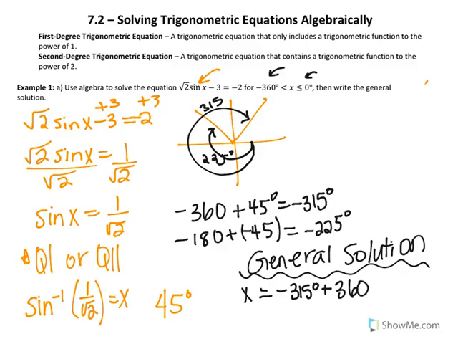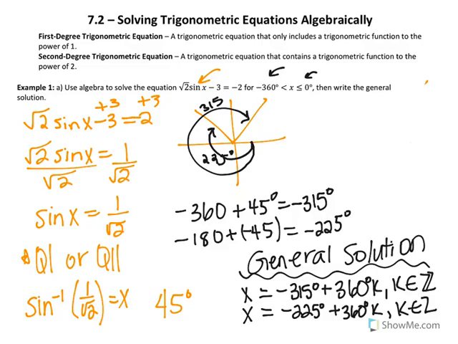So we're going to go 360 degrees times k, where k is some integer. And we can also do it from negative 225, so we'll have intercepts at negative 225 plus 360 degrees times k, for k some integer.